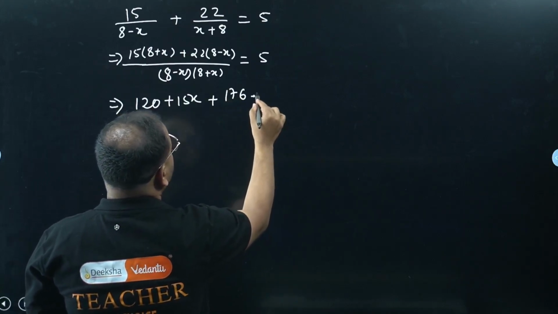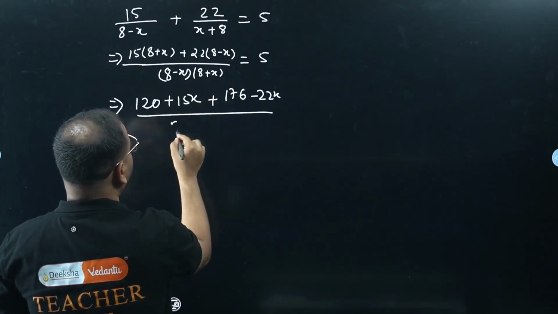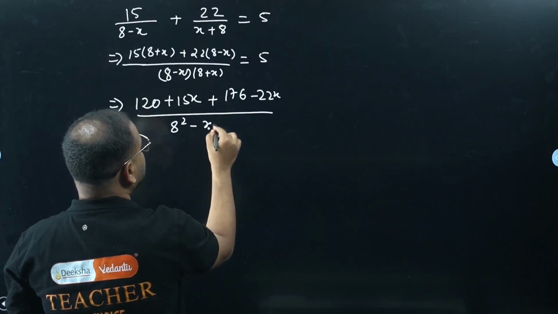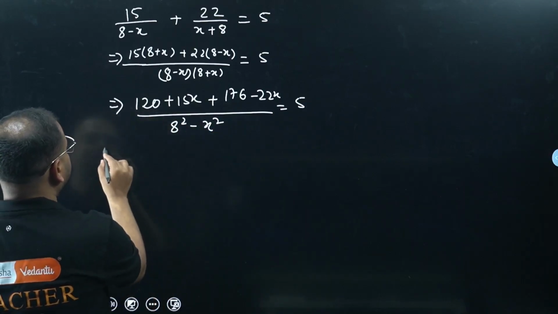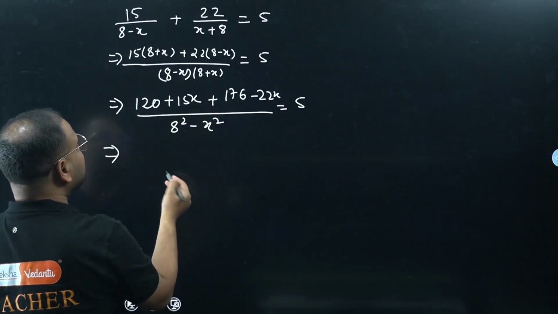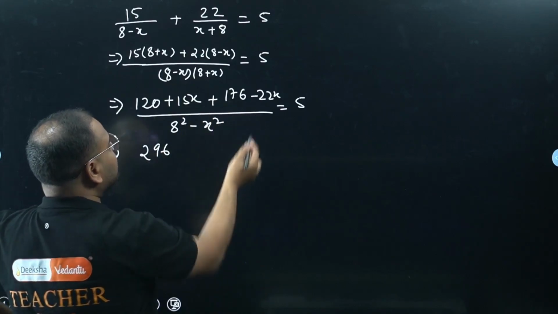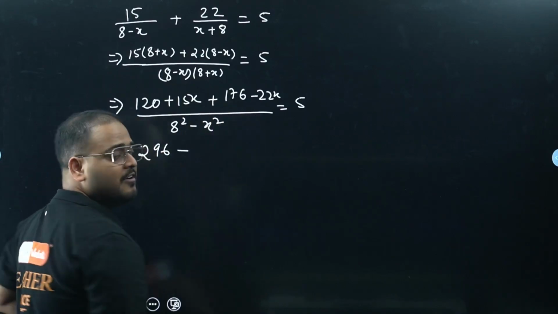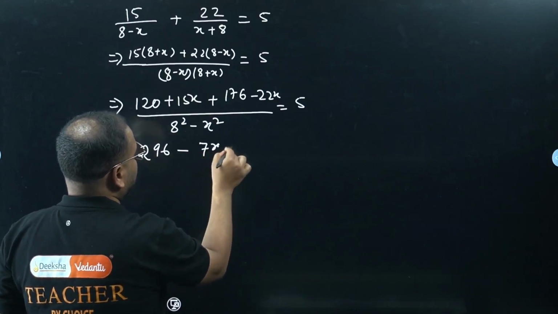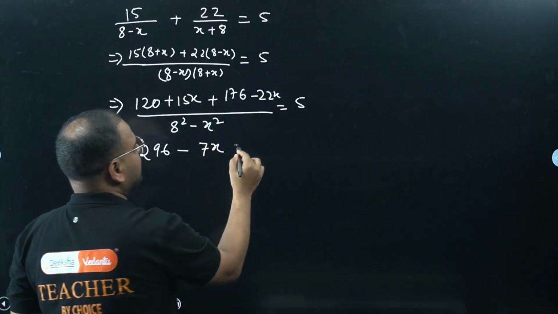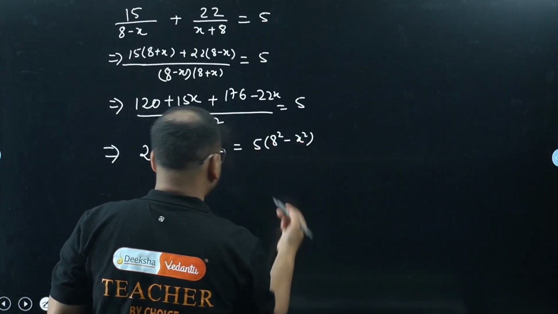Yes, minus 22x upon 8 square minus x square equals 5. Simplify it further. 120 plus 176 is 296. 15x minus 22x is 7x, I think, minus 7x. And then cross multiply this part: 5 times 8 square minus x square.